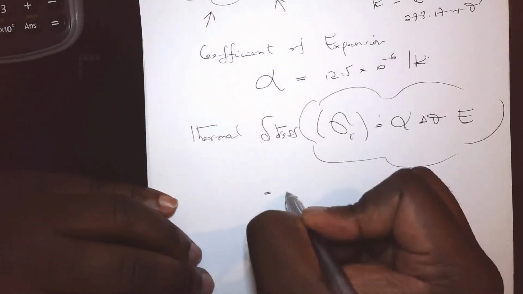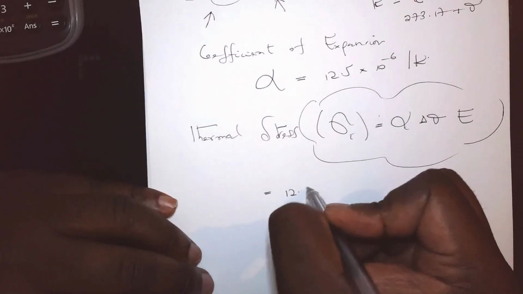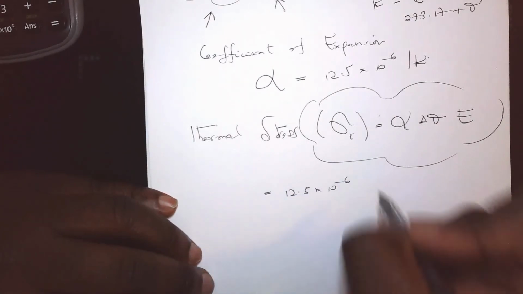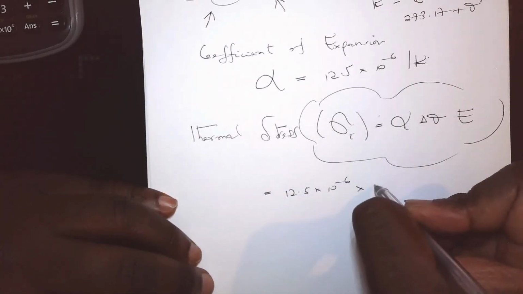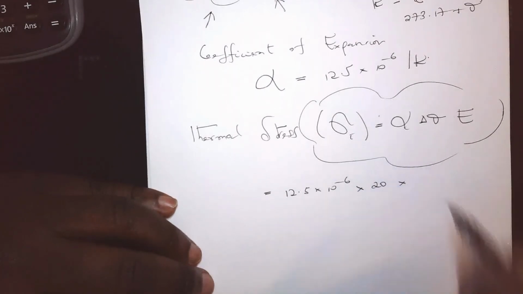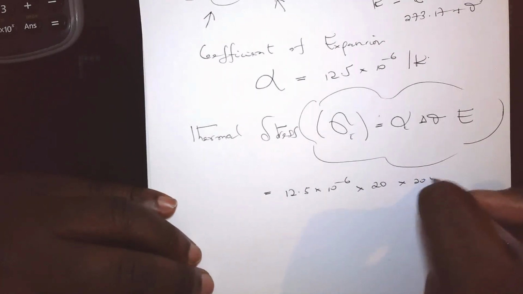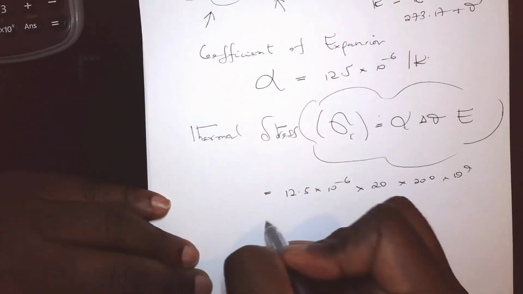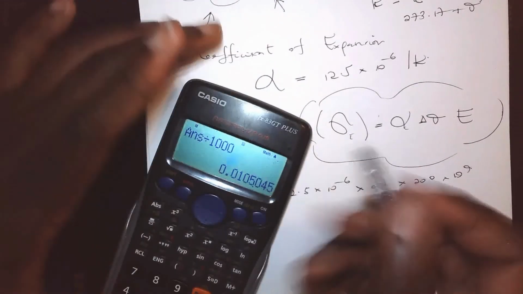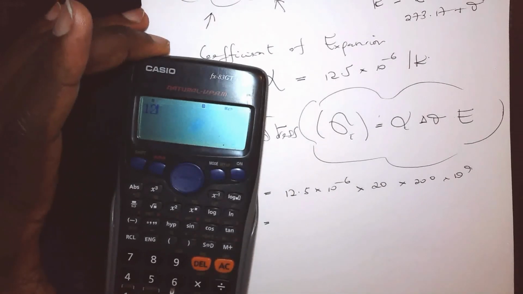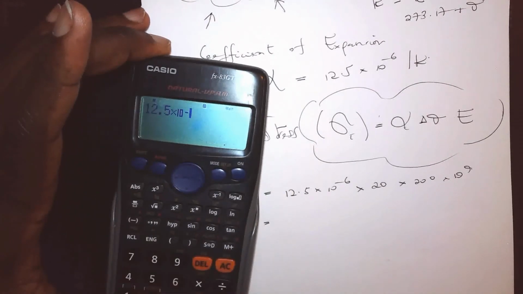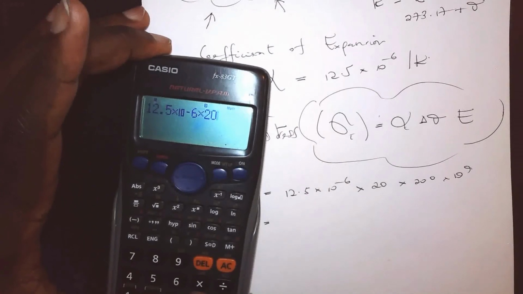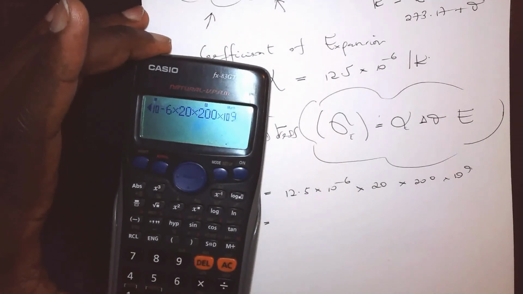So this would be equal to 12.5 times 10 to the power minus 6, times 20, times E, 200 times 10 to the power of 9. So let's bring out our handy calculators: 12.5 times 10 to the power minus 6 times 20 times 200 times 10 to the power of 9.